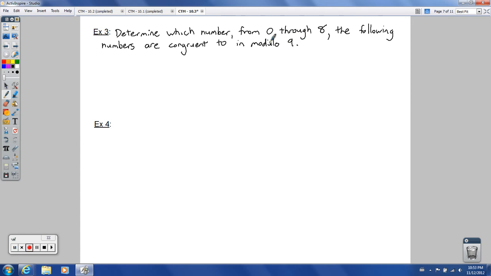You probably expected I was going to use modulo 9 since I'm doing 0 through 8. It's always one less than the modulus you're talking about.